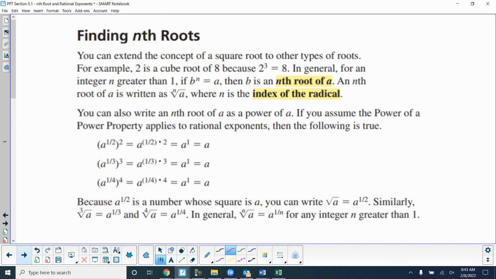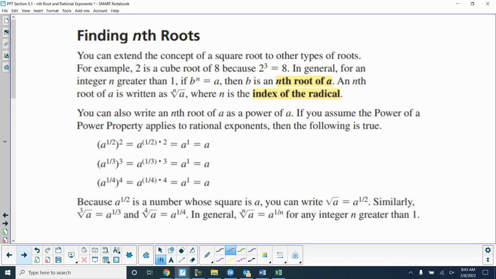It says you can also write an nth root as a power of a. If you assume the power of a power property applies to rational exponents, then the following is true. So a to the 1/2 squared is 1/2 times 2, which is a to the first, which is a. All right? a to the 1/2 is like the square root of a, right? The square root of something squared is itself, right?